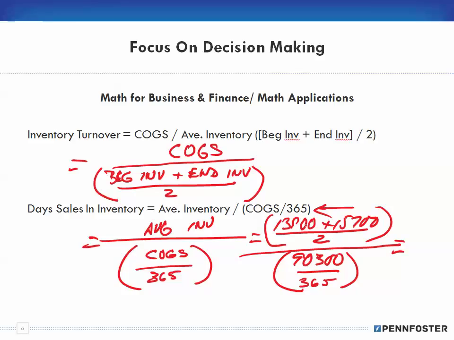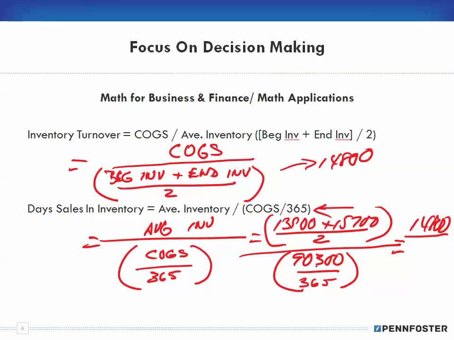If I did inventory turnover, I would know that was 14,800. All right. So now I could just plug that into the days sales in inventory ratio: 14,800.